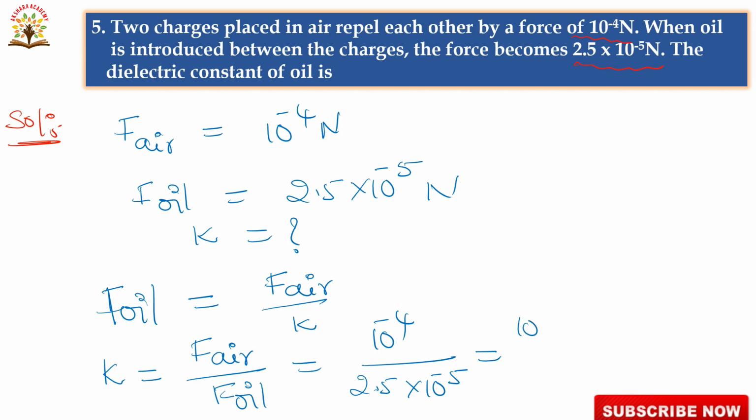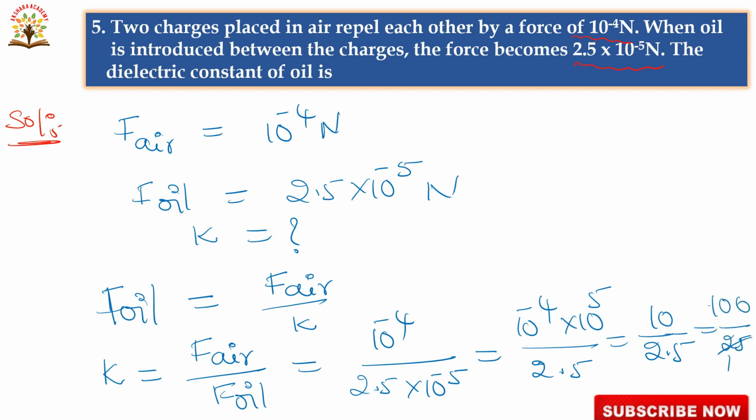So this can be done as 10 to the power of minus 4 into 10 to the power of 5 by 2.5. So that is equal to 10 by 2.5, or this can be written as 100 by 25. 25 ones are 25, 25 fours are 100. So therefore K is equal to 4. Dielectric constant K is equal to 4. Okay. Next we will go to the next.